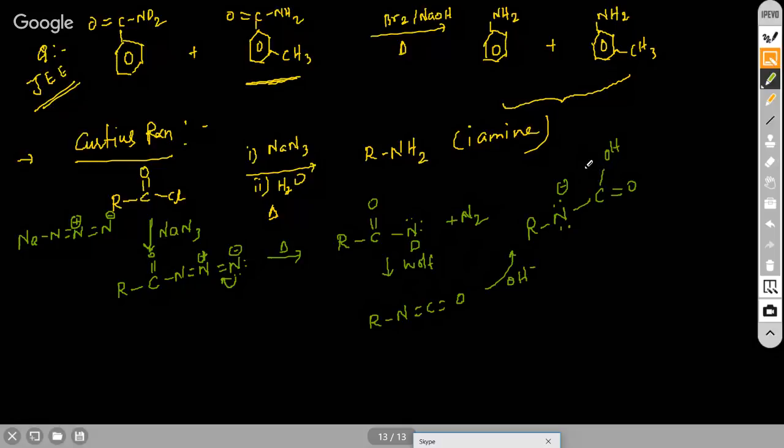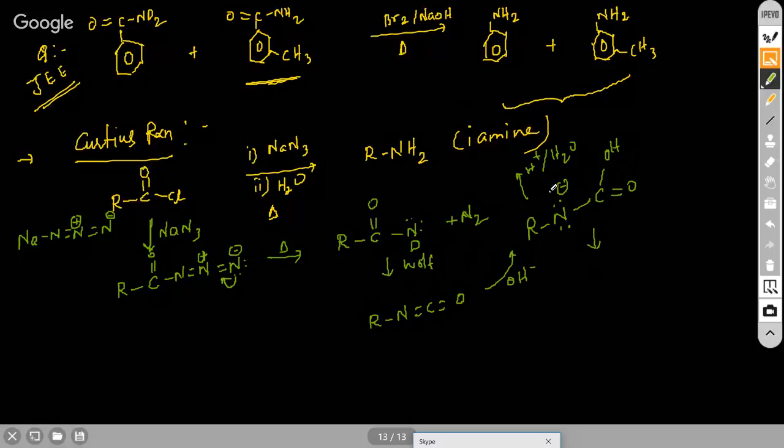Next, what happens? This H plus from H2O comes over onto this nitrogen atom. It forms RNHCOOH. Then again, what happens? This H will give its bond pair of electrons here, and this bond breaks, CO2 goes out, and RNH2 forms. I'll write down here only.